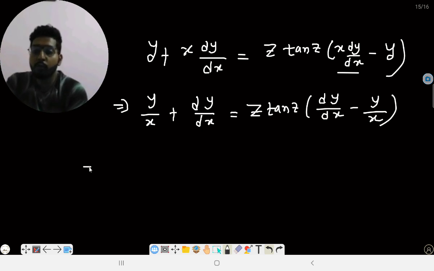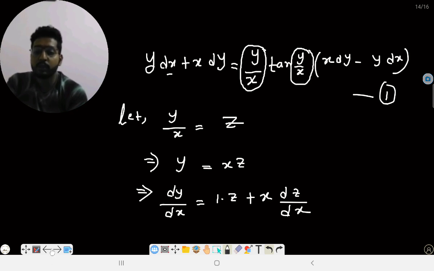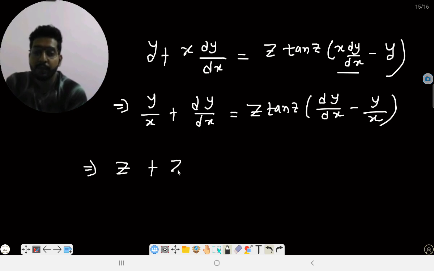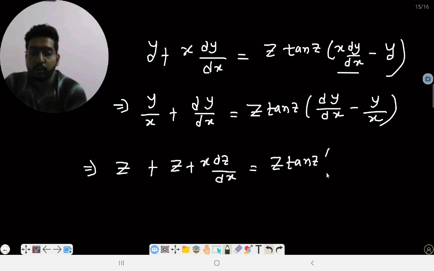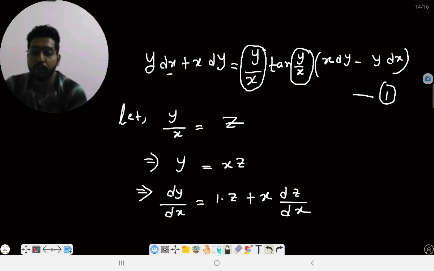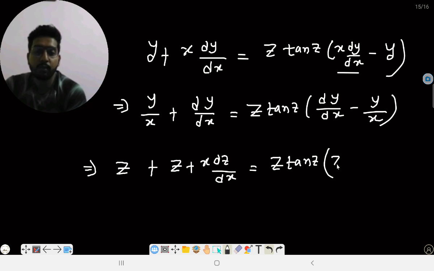Now what is the value of y/x? The value is here z. Plus now dy/dx, what is the value of dy/dx? This one, z plus x dz/dx. So z plus x dz/dx equals z tan z into z plus x dz/dx minus y/x, again that is z.